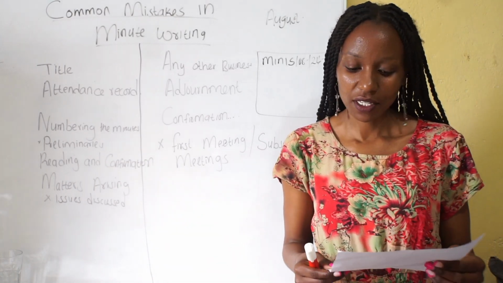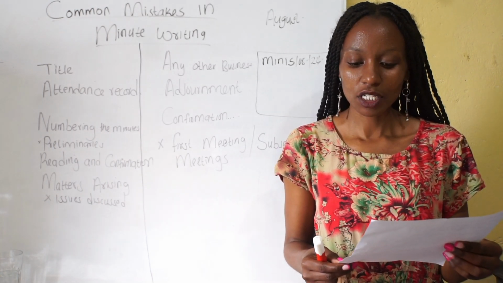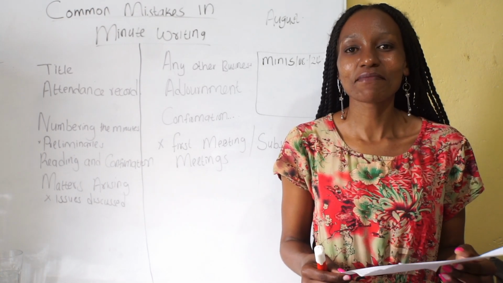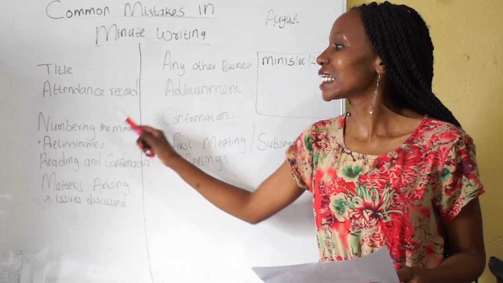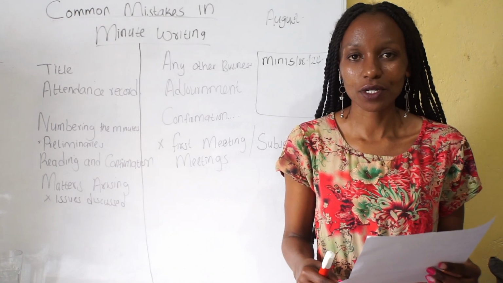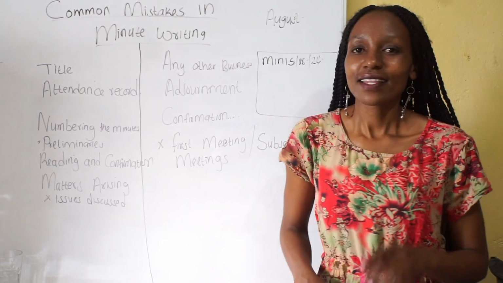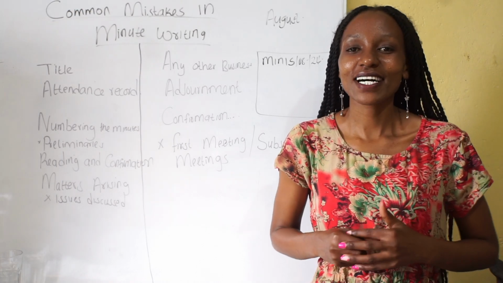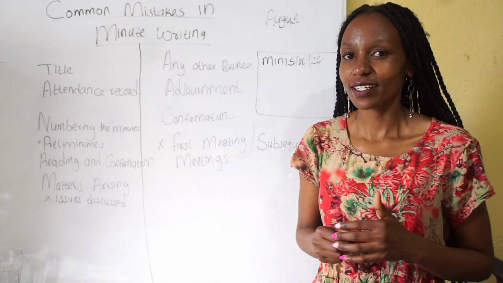So if you're proceeding with the question, we have the club patron also attended the meeting. So in that case, in attendance, we are going to have the club patron. The in attendance always comes after the absent, or after the members absent.